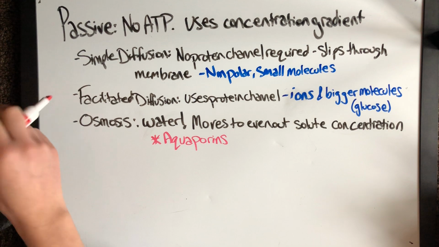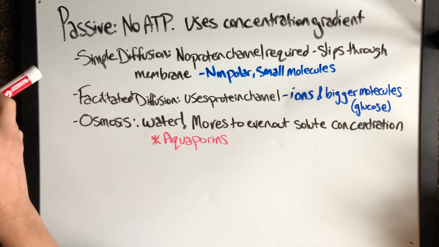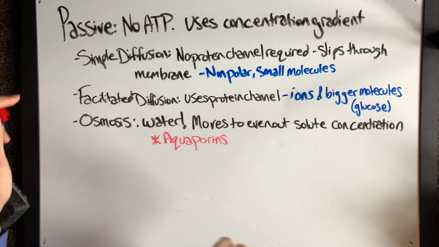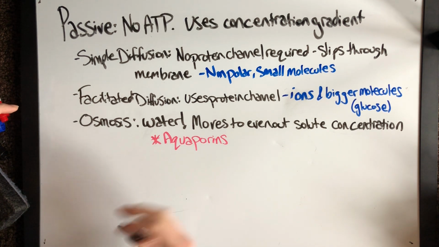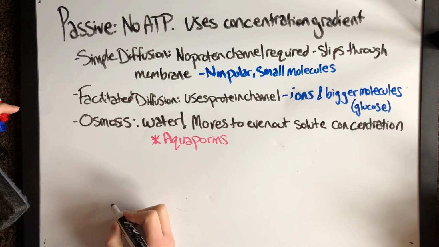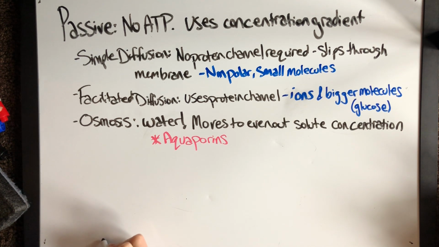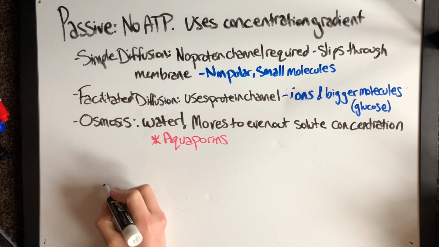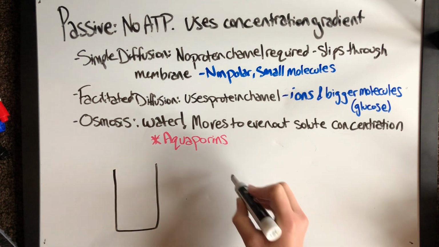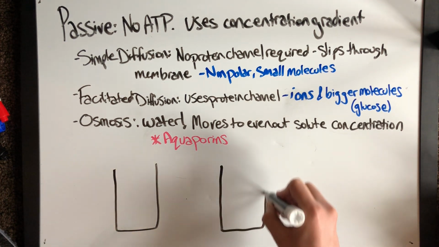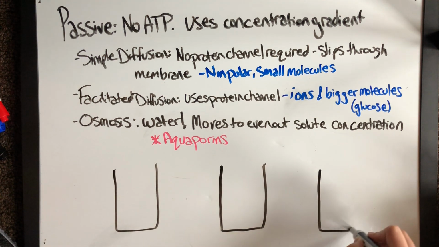Okay, so let's do that first, actually. So let's go over our hypotonic, isotonic, and hypertonic solution. You know what, we're gonna draw this up here. So draw three little beakers here.